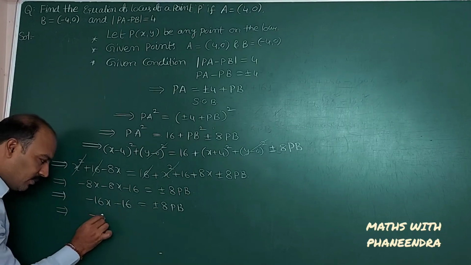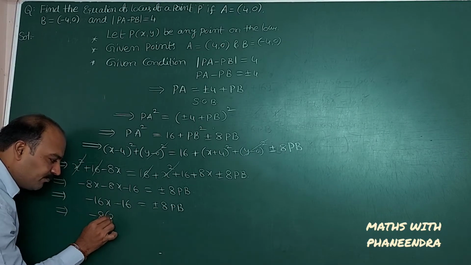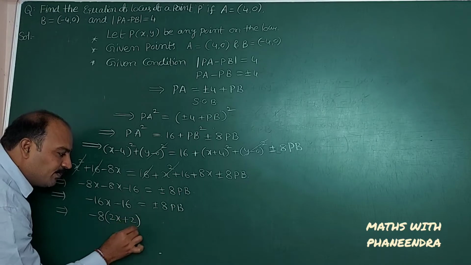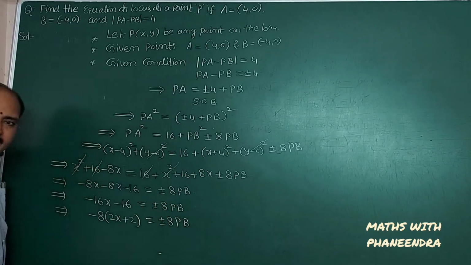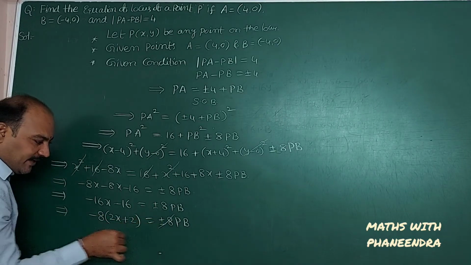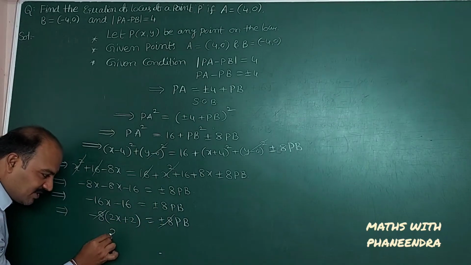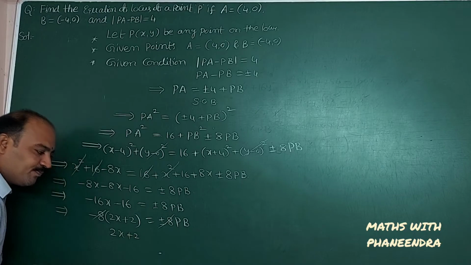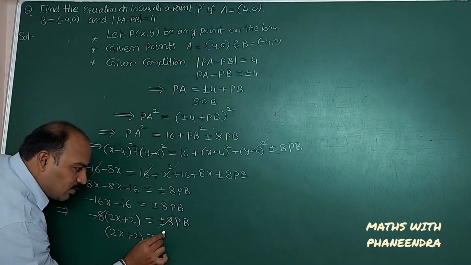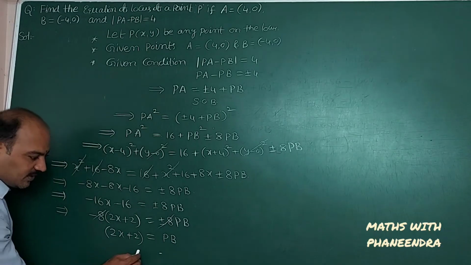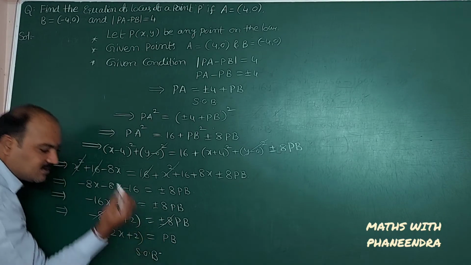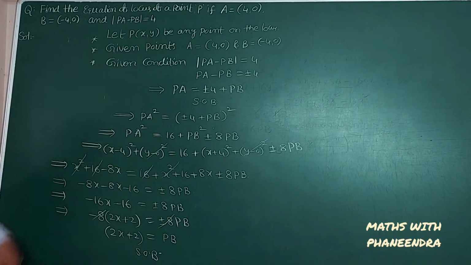Minus 8 I am taking common: 2x plus 2 is equal to plus or minus 8 into PB. On both sides minus 8 gets cancelled. So the rest of the terms, 2x plus 2, is equal to PB only. After that, squaring on both sides, we will move to the next step.